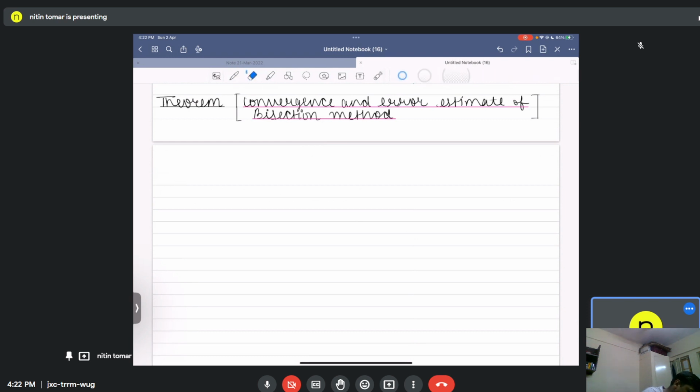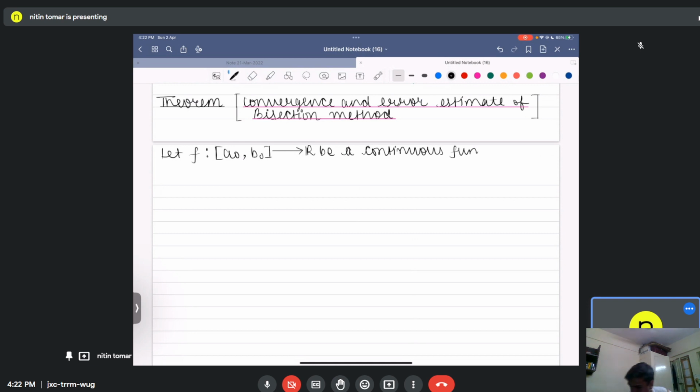Let us start from here only. Let f be a continuous, real-valued function on a closed interval [a0, b0], such that f(a0) times f(b0) is negative.